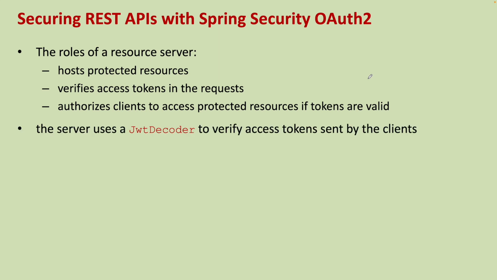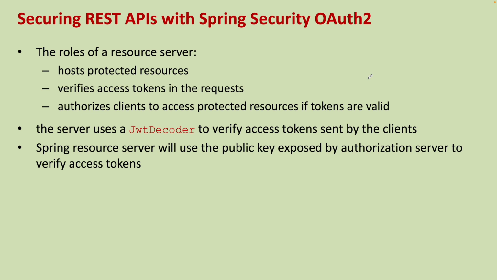Note that the server uses a JWT decoder to verify access tokens sent by the clients, and by default, Spring Resource Server will use the public key exposed by the authorization server in order to verify the access tokens.